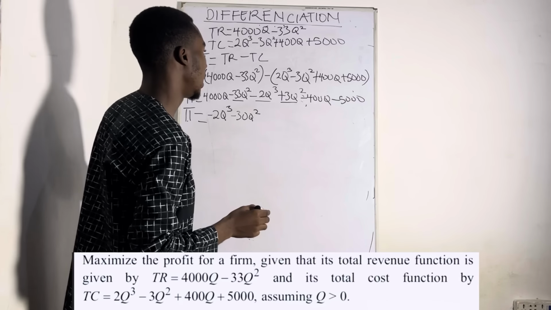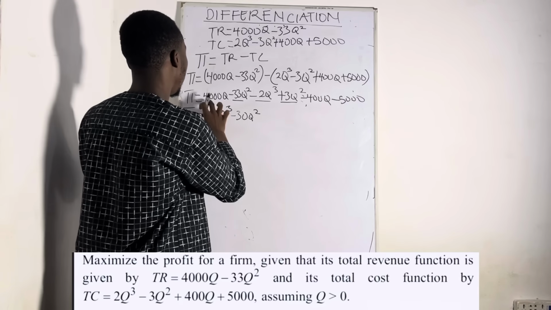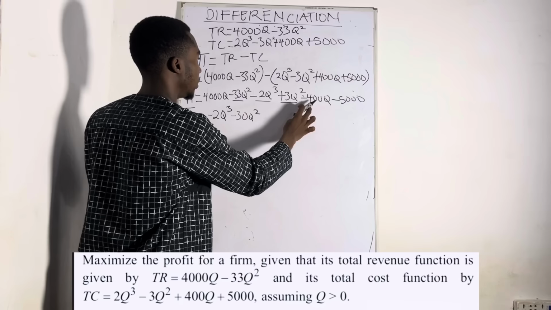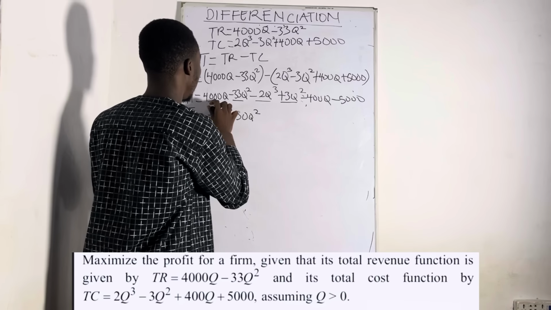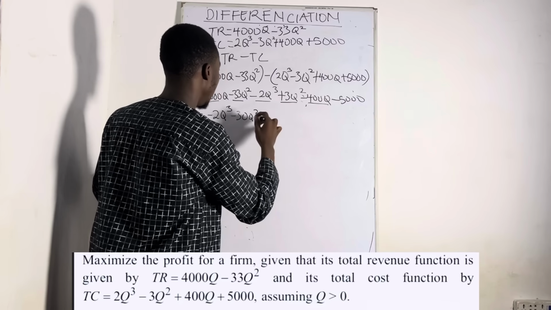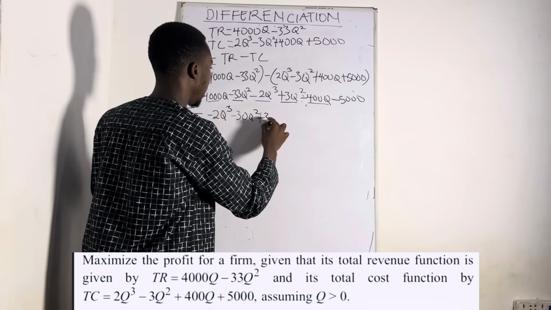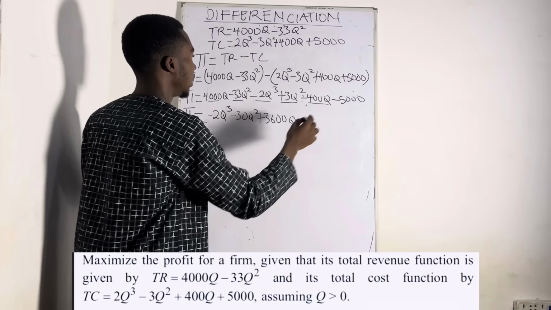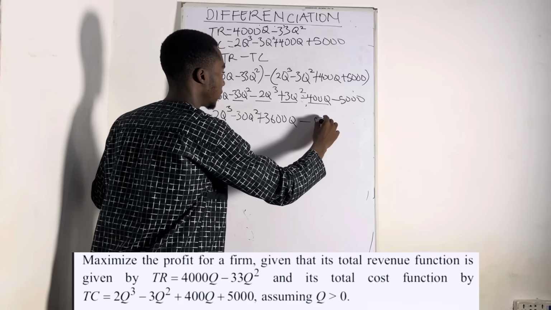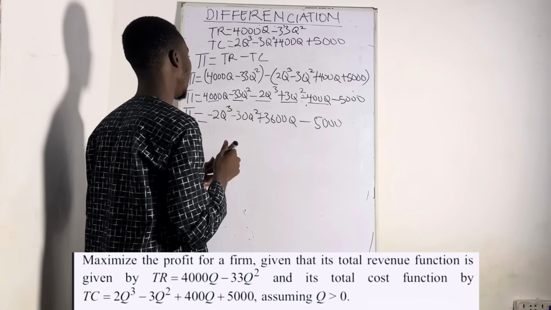Then we are left with 4,000k and negative 400k. So 4,000k minus 400k gives you plus 3,600k. Then lastly minus 5,000. Alright, so this is what you are getting.